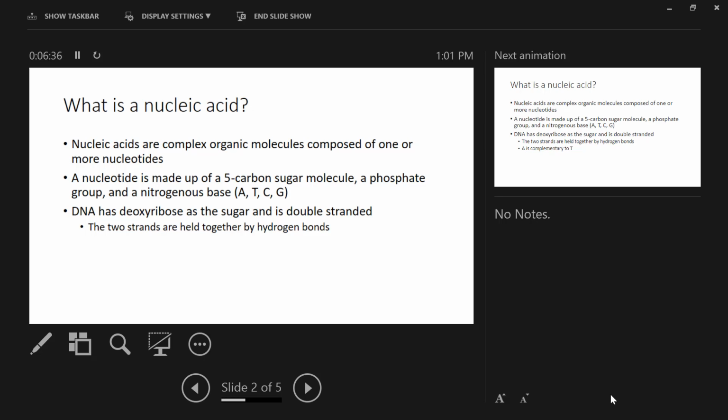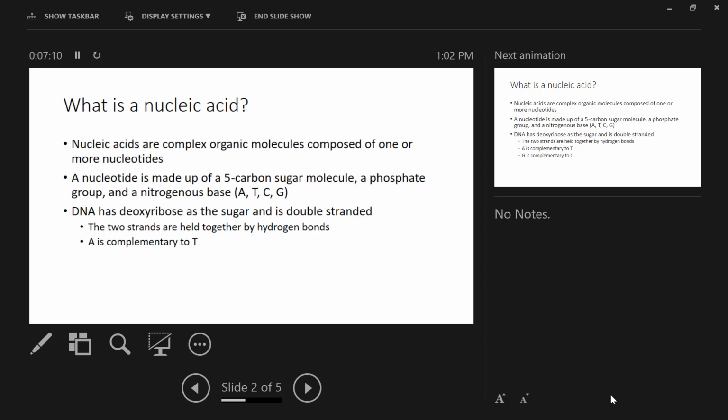Okay, so the 2 strands hold together in such a way that A's are always across the way from T's, because the base A forms hydrogen bonds with the base T. And what bases are left? If we take A and T out of our list, you have C and G. So what do you imagine C is complementary to?